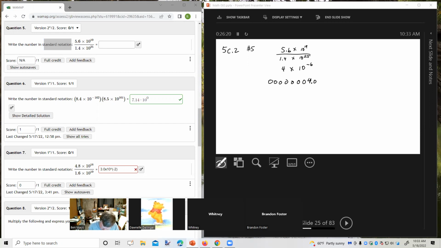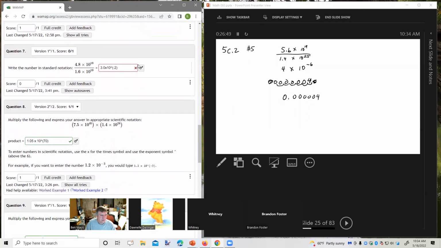And I'm going to add a bunch of zeros. 1, 2, 3, 4, 5, 6. So 0.000004. Okay, and we'll check here, see what they said. 0.000004. So there's 5 zeros after the decimal point. All right, any questions about that?